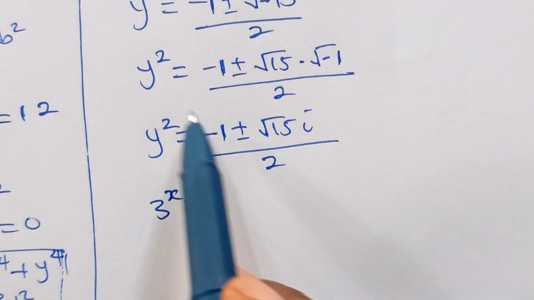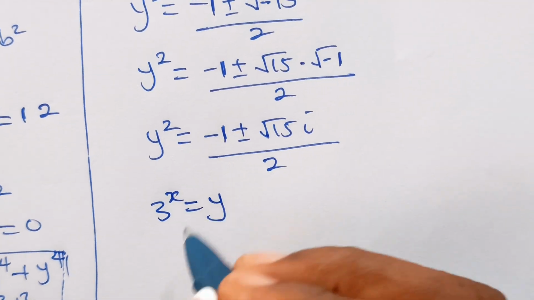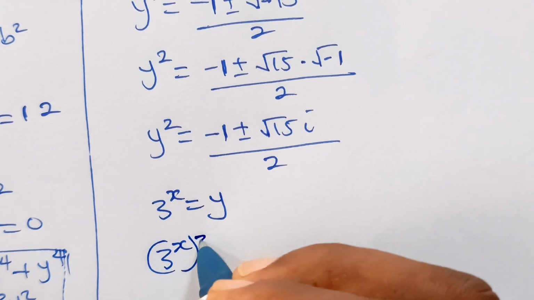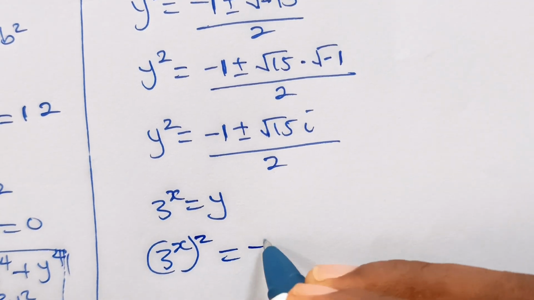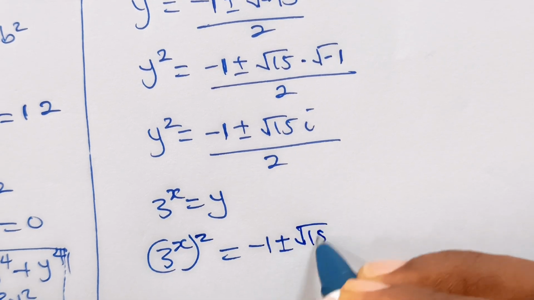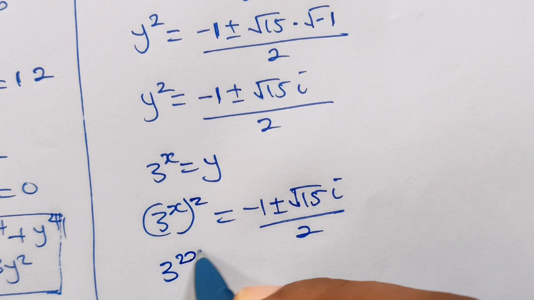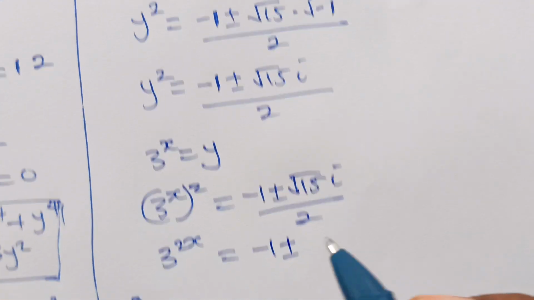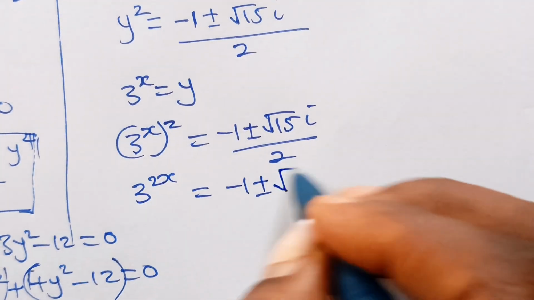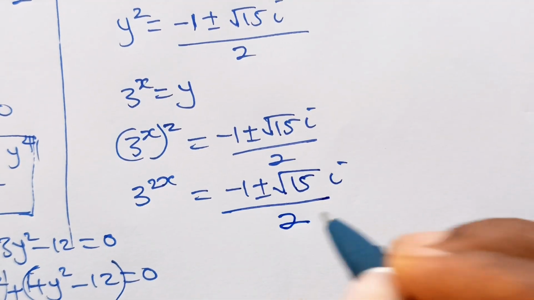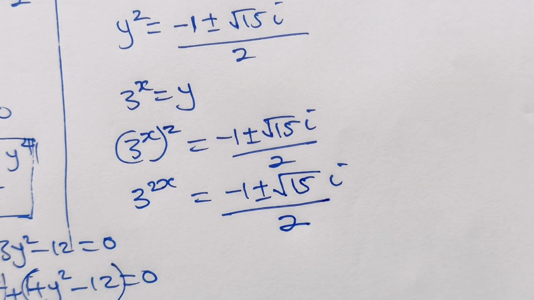So that means that this y squared is what? 3 to the power of x, squared, is equal to minus 1 plus or minus the square root of 15i divided by 2. So we have 3 to the power of 2x is equal to minus 1 plus or minus the square root of 15i divided by 2. I'm sorry about the background noise.